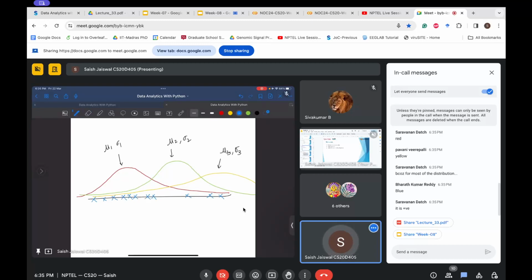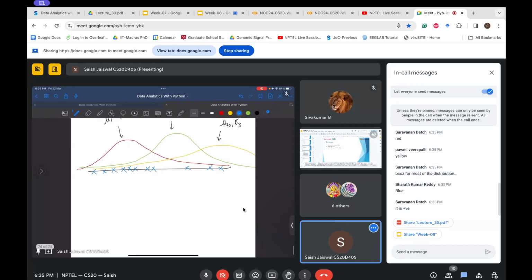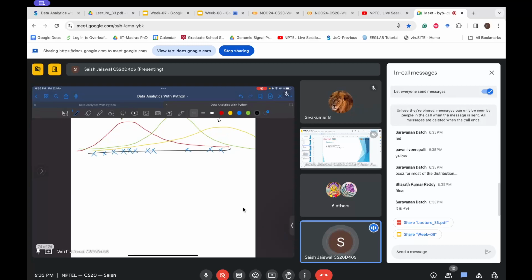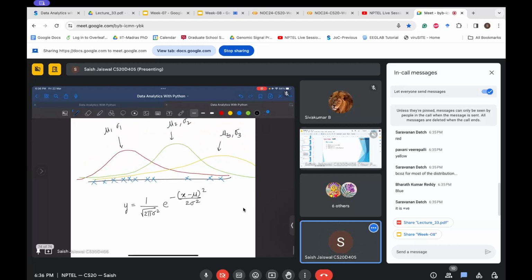So why? The formula for normal distribution is given as 1 over root 2 pi sigma square e to the power minus x minus mu square upon 2 sigma square. So let us consider this mu 1 and sigma 1.